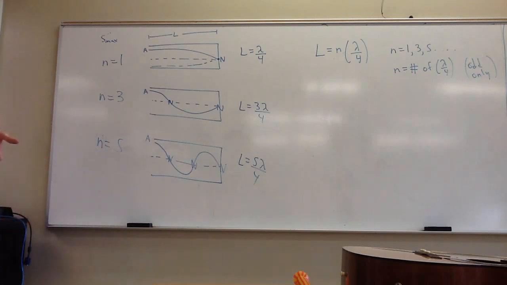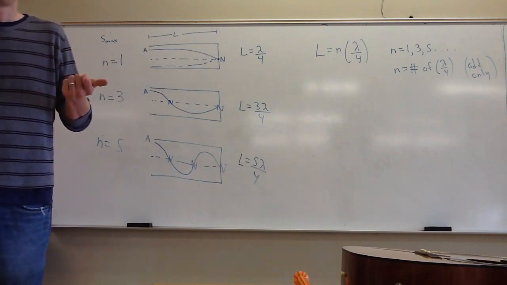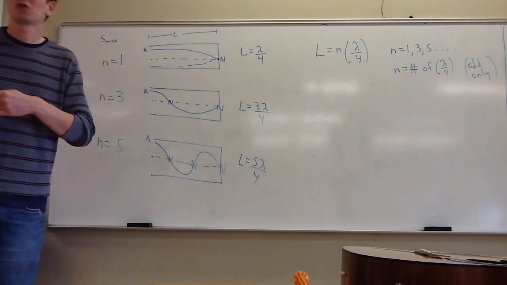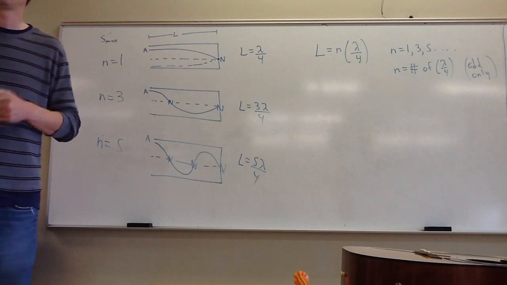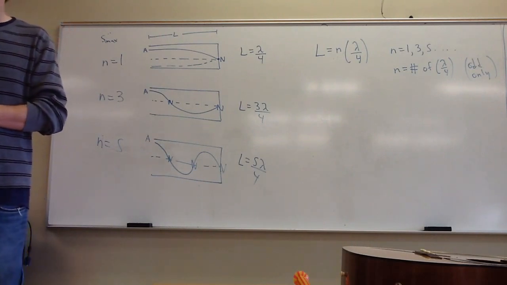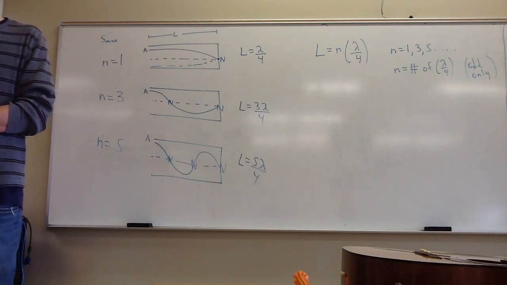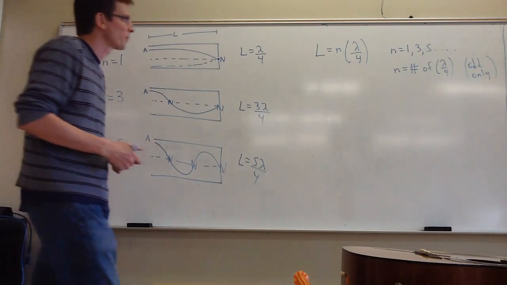But if you see that the ends are different, then you should be counting quarter wavelengths. If you see 7 quarter wavelengths, that's the 7th harmonic. If you count 6 quarter wavelengths, you're using the wrong thing, because you shouldn't be able to find that. This is odd harmonics only.